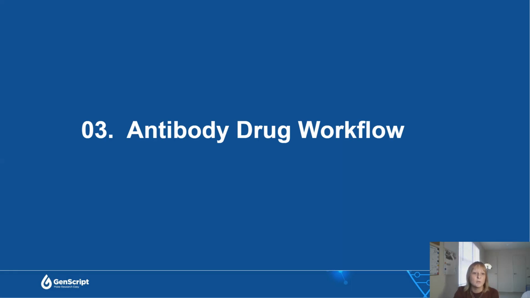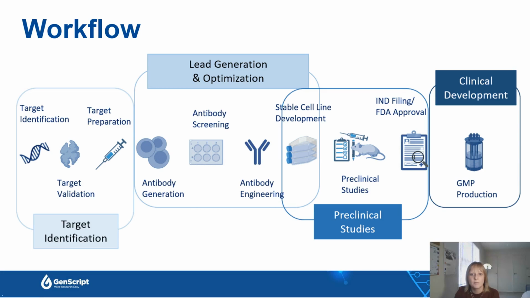So let's take a look at the workflow and what goes into the development of antibody drugs. Antibody drug discovery is the process of identifying and developing antibodies as therapeutic agents in the treatment of various diseases.